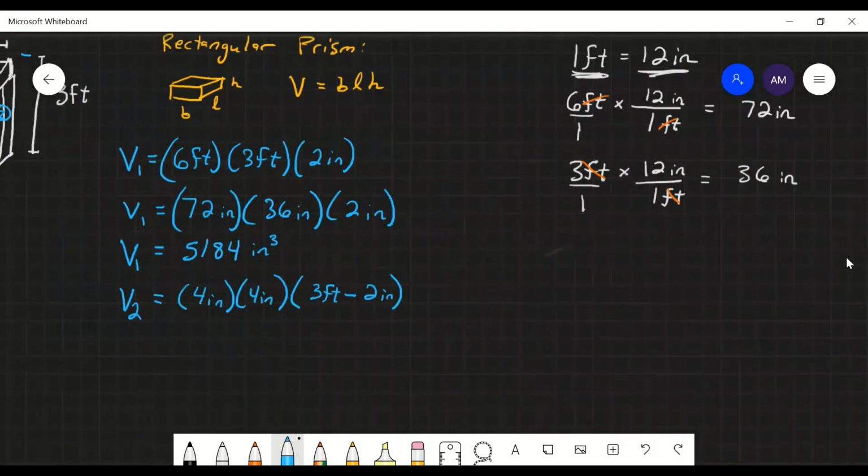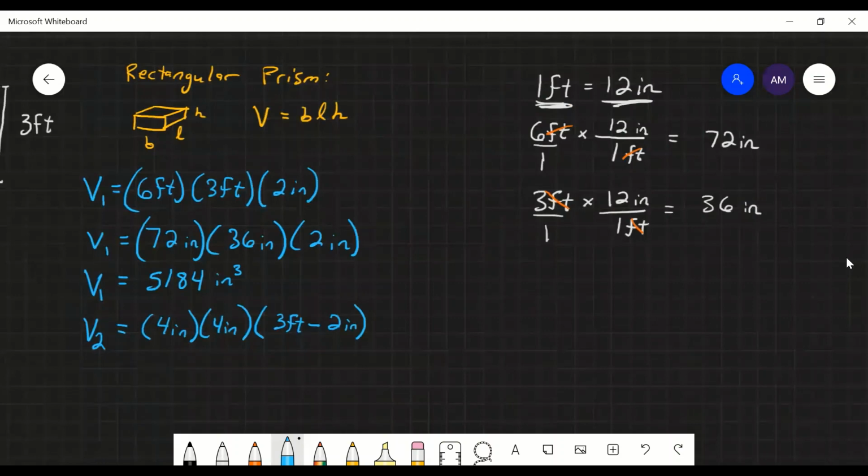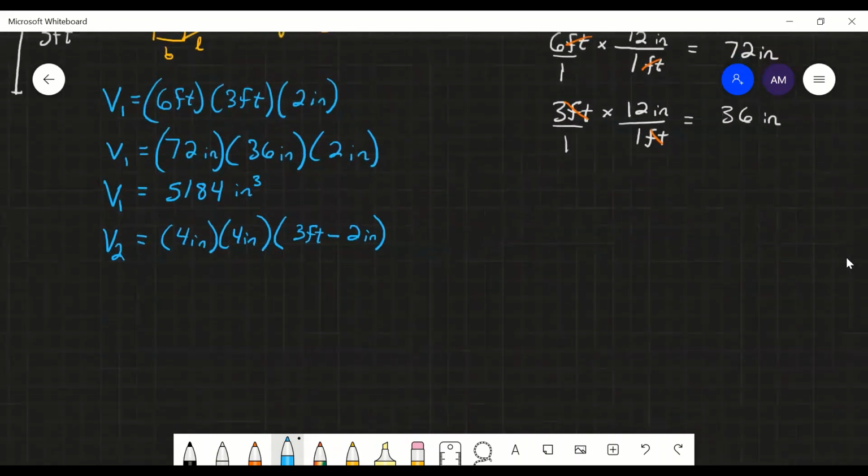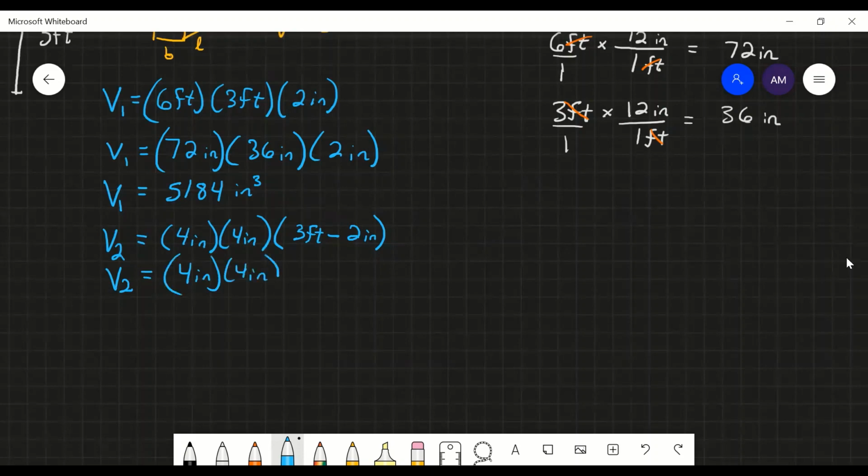Well, we can recycle some of our work because we learned a while ago that 3 feet is the same as 36 inches. So V2 is equal to 4 inches times 4 inches times (36 inches minus 2 inches).